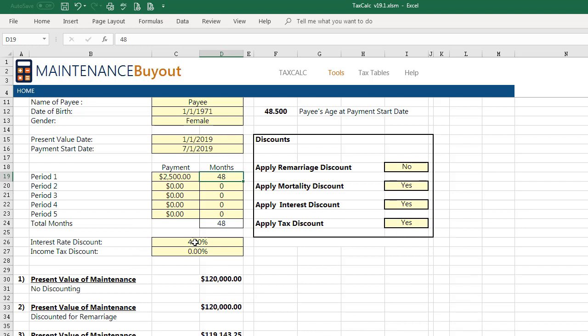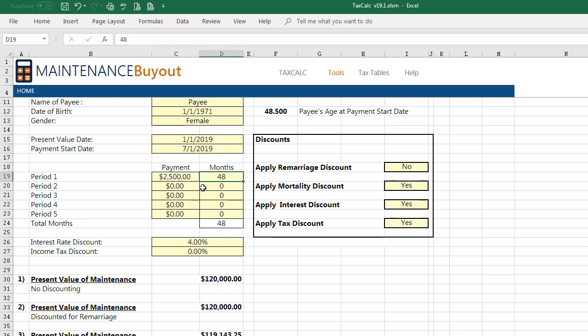Going further, you'll see there's an interest rate discount. By default, it's simply in there at 4%. That's not a suggestion, it's not meaning what it should be. I do think you want to tie an interest rate that's, let's say, a conservative rate for what the expected rate of return on a lump sum would be over the period of time that you're considering.